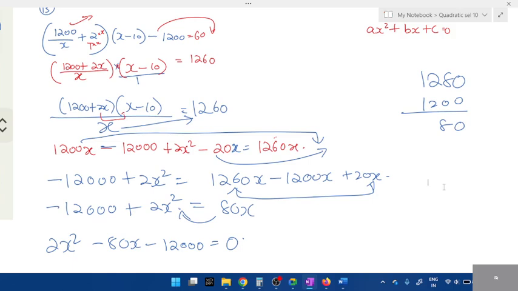Did you understand the first 2-3 steps? See, it's very easy, student. Just stick on to the basic.